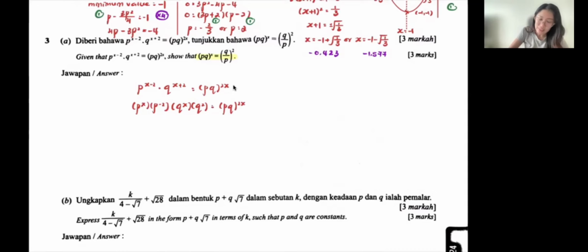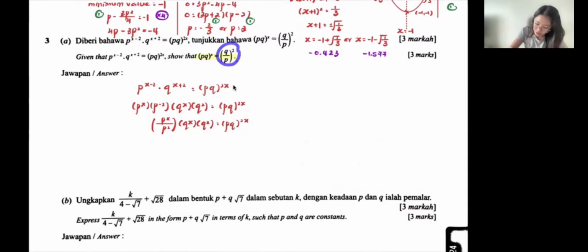Then this is power negative 2, right? Power negative 2, we can write it as p power x over p power 2. You make it the positive power by moving it down to the denominator. Then here, this will be q power x q squared equals (pq) power 2x. Then what next? We need to get q over p squared.